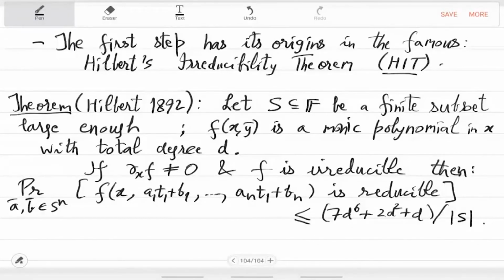So if you take S to be larger than, let's say, d to the 7 or 7d to the 7 or something, then this error probability is sufficiently small. You can make it as small as you want. And the cost of this is that you have to sample the linear functions from a bigger space.